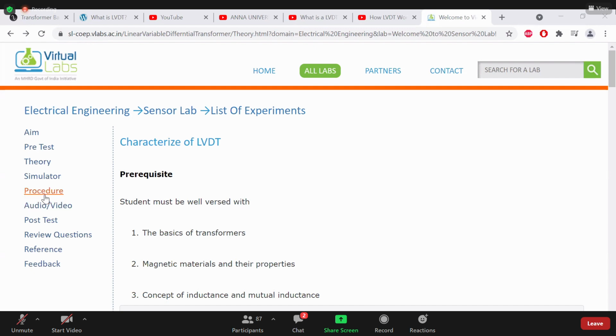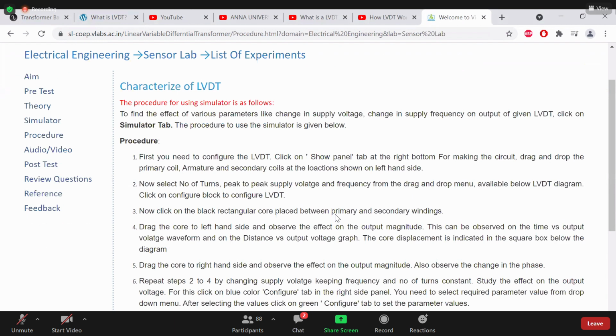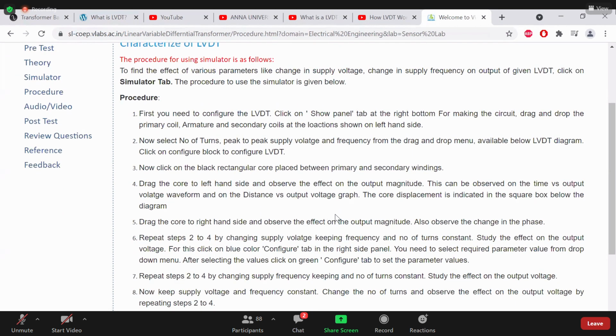Students, next click on the procedure. Read this procedure.